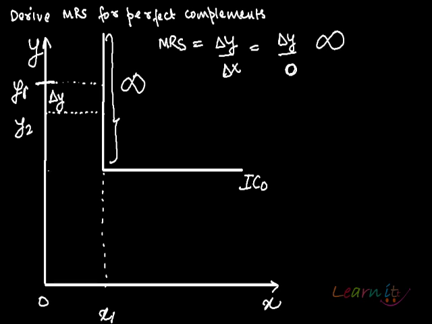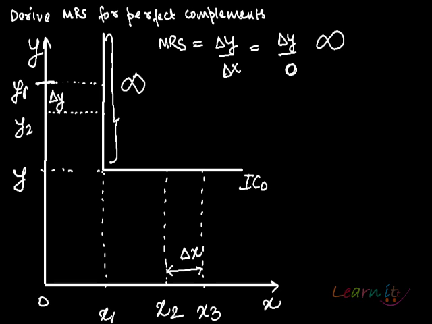Now supposedly you are at this point X2 and you want to move to X3. So this is the change in X. Say it is Y3, correspondingly. What are the coordinates?